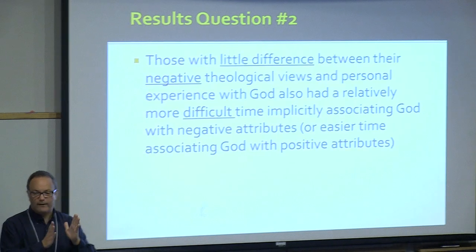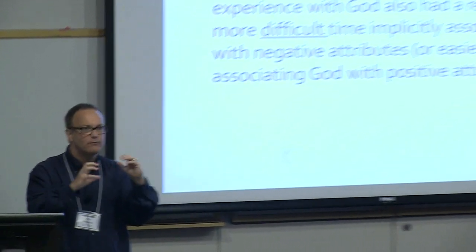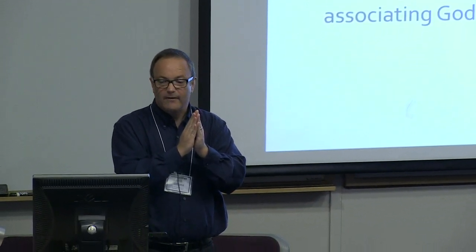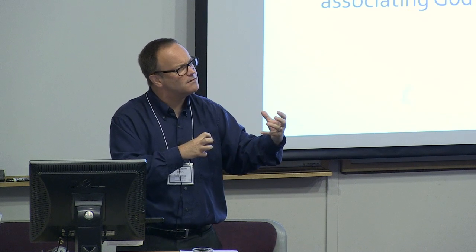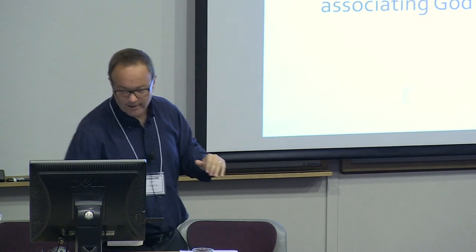So if your theological and personal views were right together, then on the implicit task, you had a real hard time associating God with negative, but you had an easier time associating God with the positive words. Not sure what to think about that.